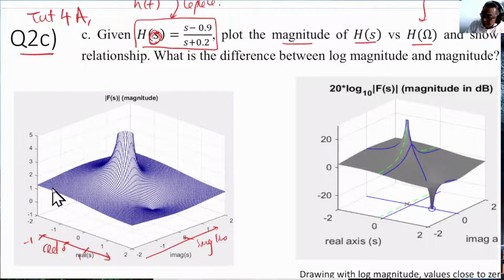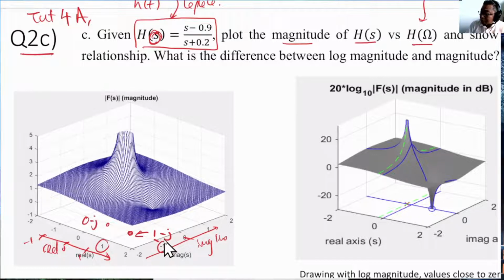For each of these points, we're going to substitute s. For example, if we substitute here, this point, the real is 1 and the imaginary is -j. So at this point it is 1 minus j, and at this point it is 0 minus j, and so on and so forth.